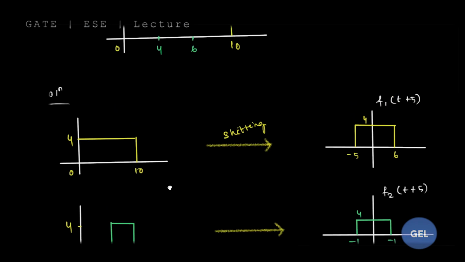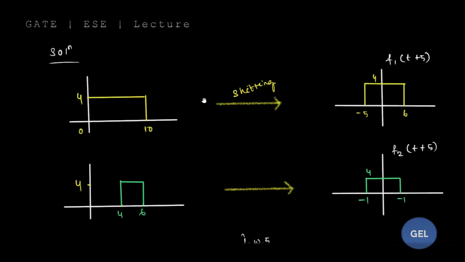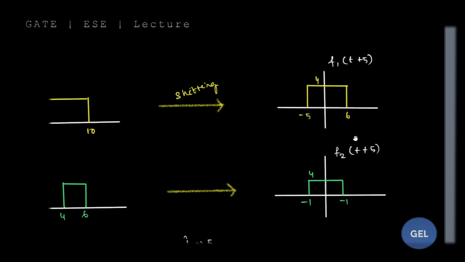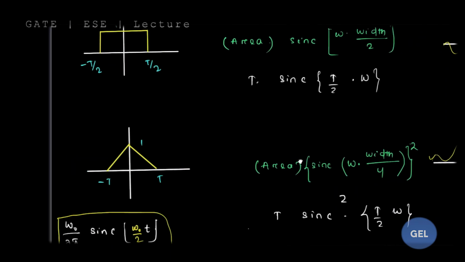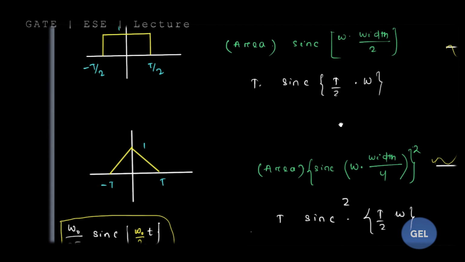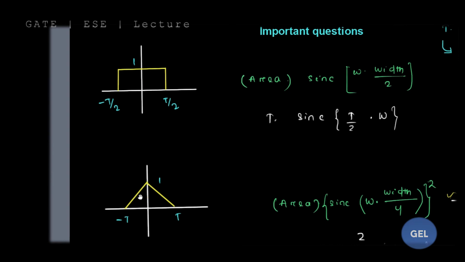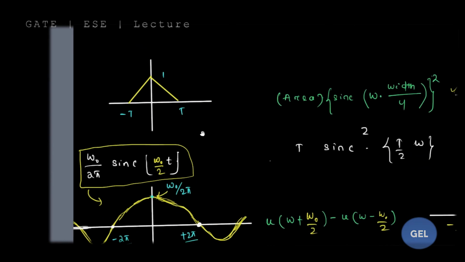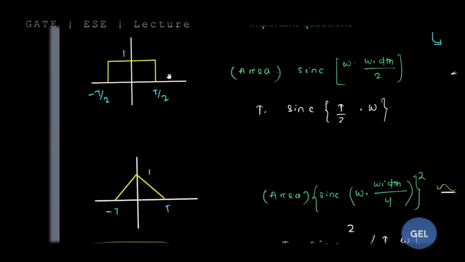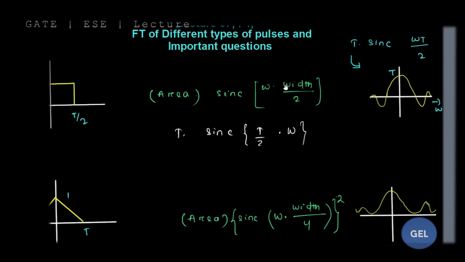Now what you need to do after dividing these two graphs in this way is shift them into our proper standard format. I forgot to tell you, I'm really sorry, this formula is only applicable if you take all of your pulses, triangular or rectangular or whatever the pulses are, into the standard format, like at the origin only, then only this formula is going to work.